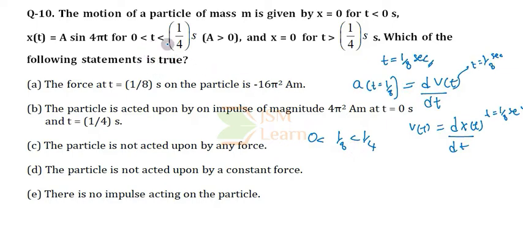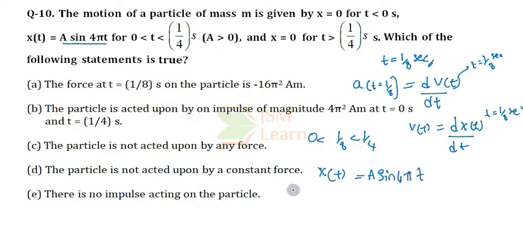So for this range, they have defined the function x of t in this manner. So we have to consider this function. Understood? Why we are considering this function is also necessary to understand. I am considering that function because my t equals 1 by 8 seconds will be in that domain. So I am considering x of t equals a sine 4 pi t.